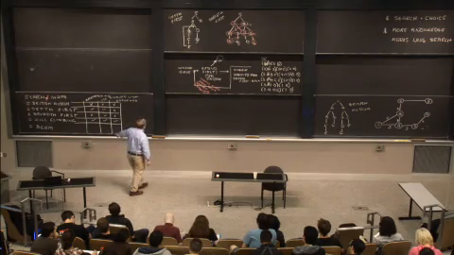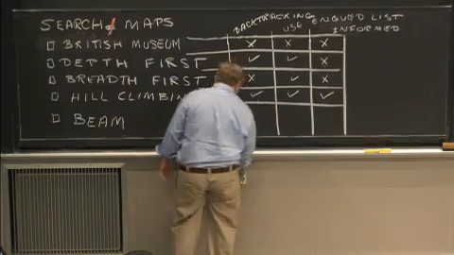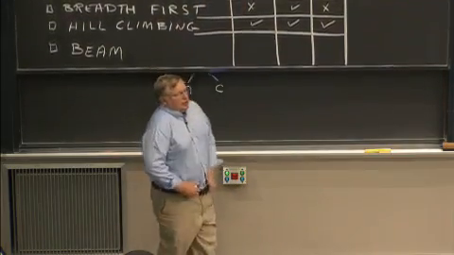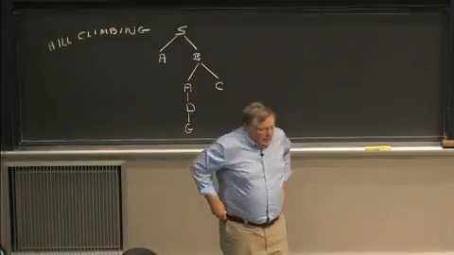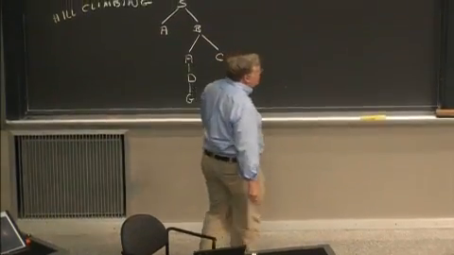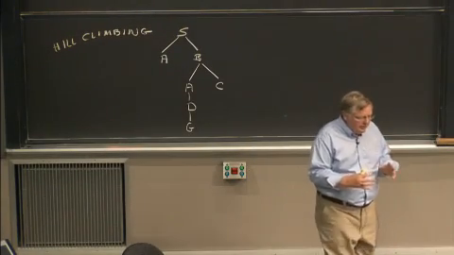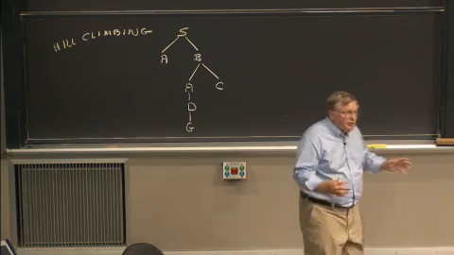Oh yeah, now there's one more, and I've already kind of given it away by having it on my chart. It's called beam search, and just as hill climbing is an analog of Depth First Search, beam search is an addition of an informing heuristic to Breadth First Search.